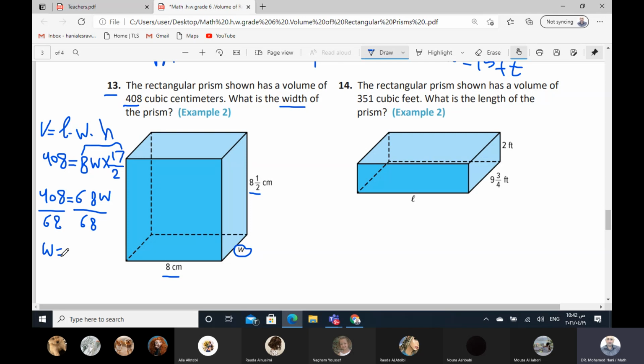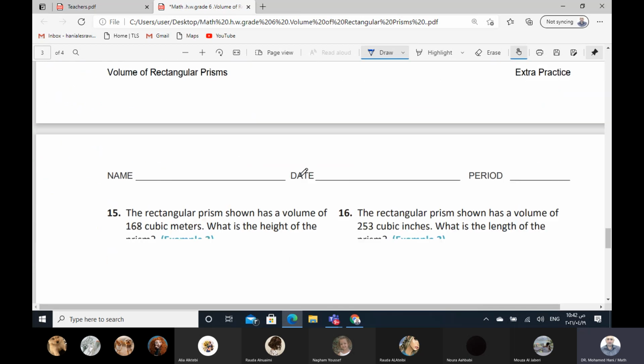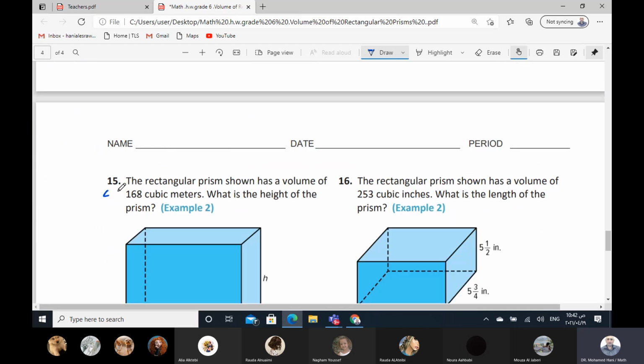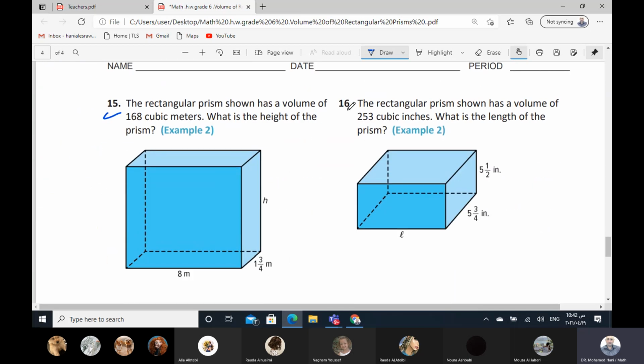The answer will be 6. Who can tell me what is the unit here? Great, centimeter. Number 14, the same idea. And number 15, the same idea. And also number 16, the same idea.